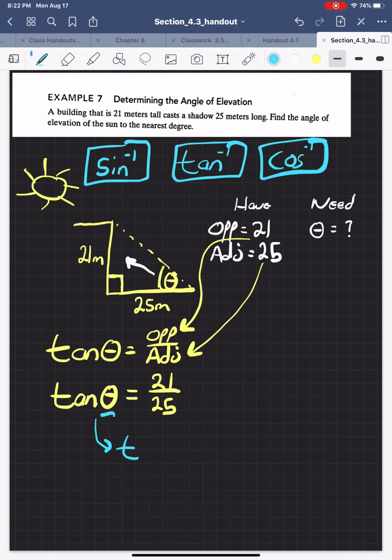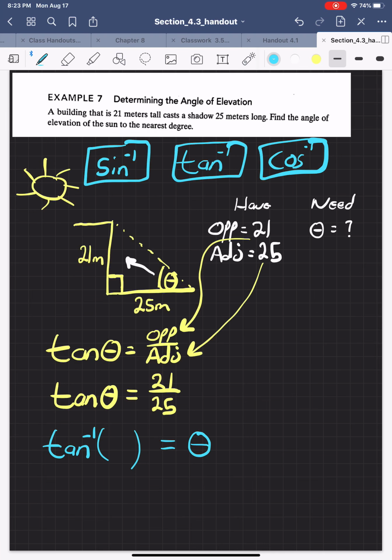we use tan inverse. Let me erase that, and I'm going to draw this a little bit more clearly. Ready? So tan inverse, this is the button that we want. Remember I said that the inverse buttons give us theta.